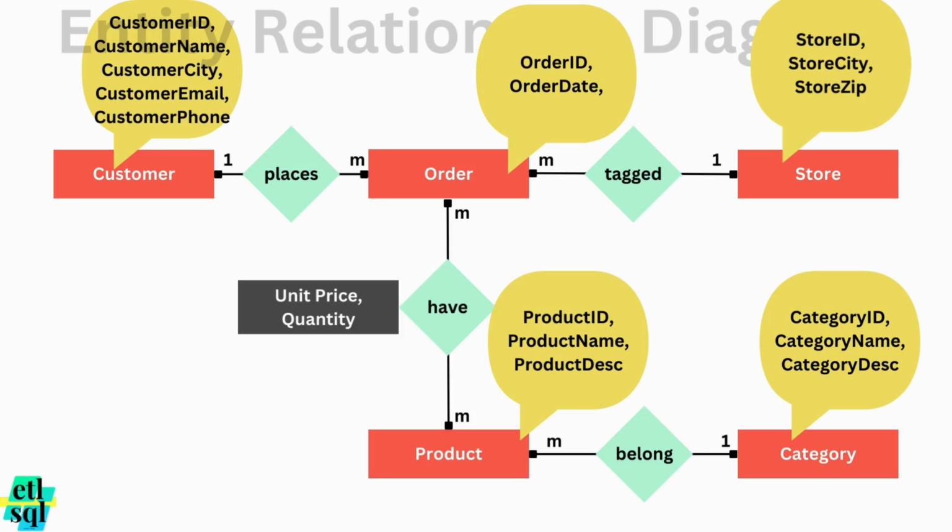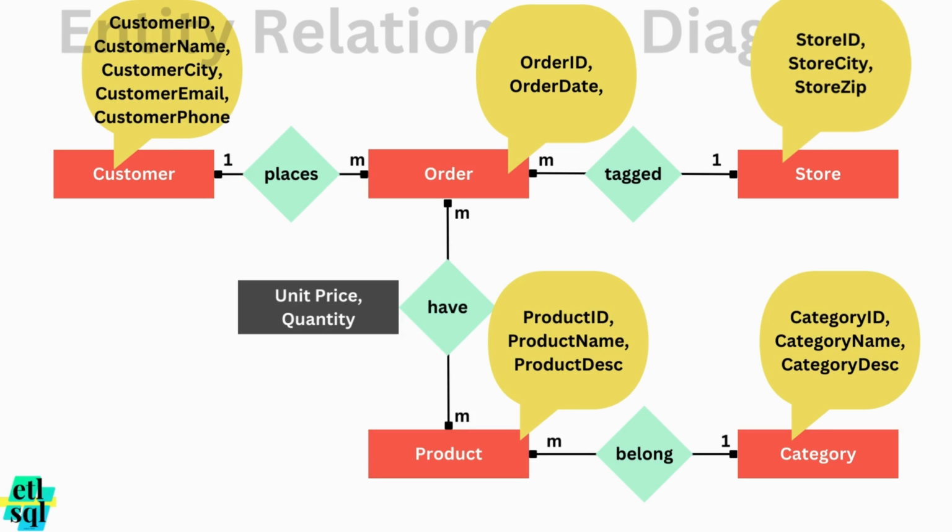And whenever we have to handle many to many relationships, even the relationship can have some attributes. So in this case, unit price and quantity are the attributes of this relationship. And to handle many to many relationship, we have to introduce a concept of bridge table, which we'll see in the subsequent slide when we will be creating tables from the ERD diagram.